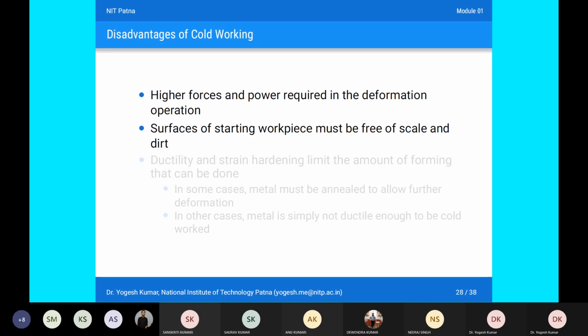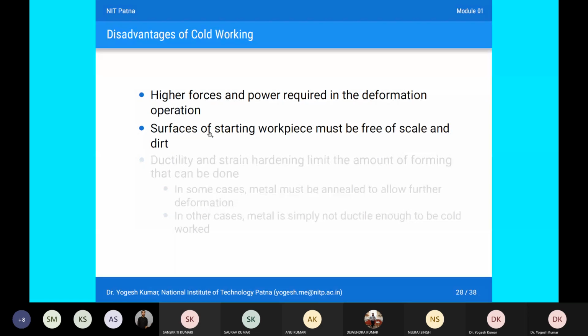Okay, so for cold working, your starting workpiece must be free from any kind of surface irregularity like scale, or dirt, or any other type of surface irregularity. So your final product should be free from any type of surface irregularity.